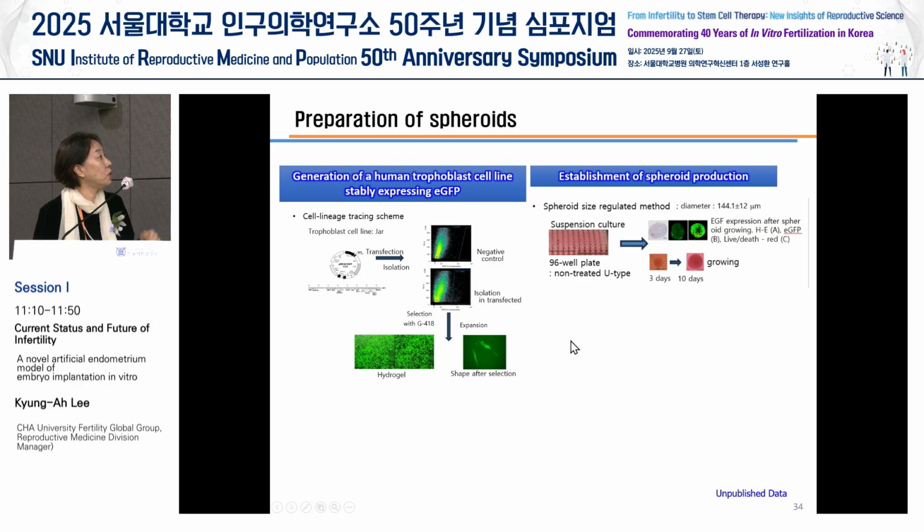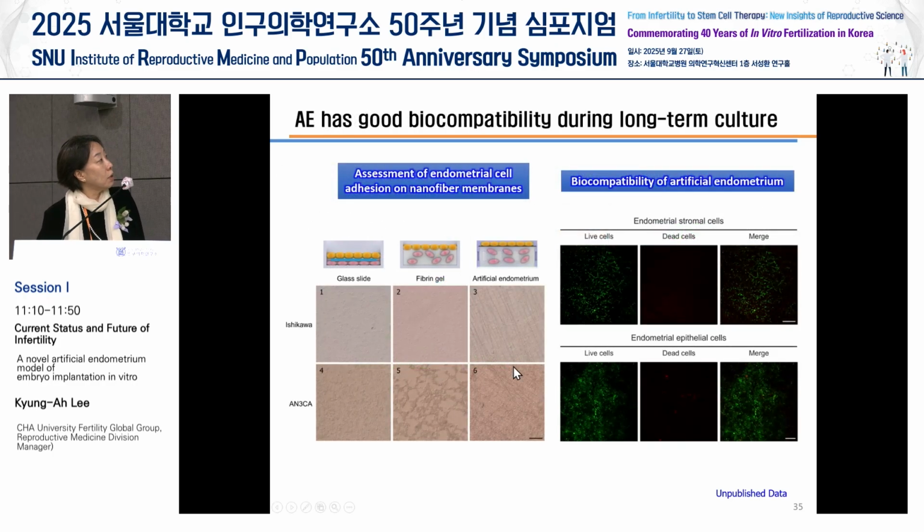We have EGFP-expressing JAR spheroids, to separate the trophoblast cells from the endometrial epithelial cells. By having EGFP expression, we compared the cell culture conditions with the basement membrane.